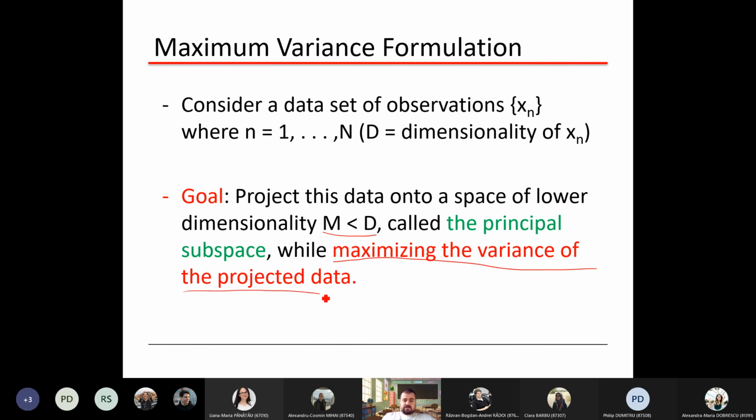We want to project the data, but any projection means that we are losing some information, and therefore we would like to keep the projection that gives the most information from the data set, which means the maximum variance of the projected data in the new space.